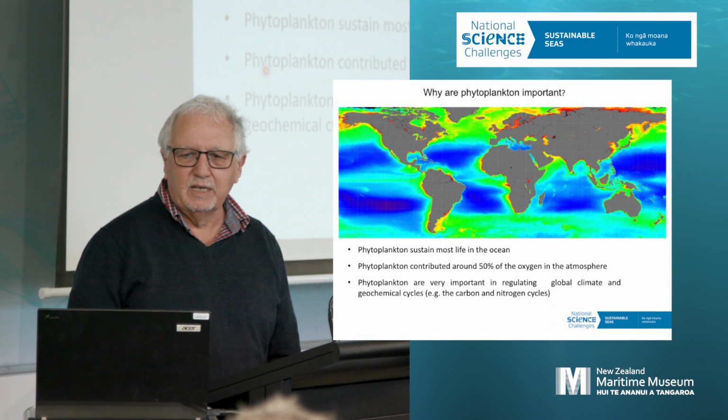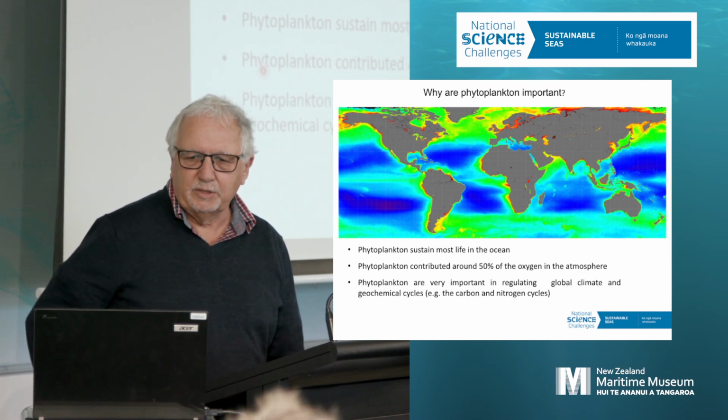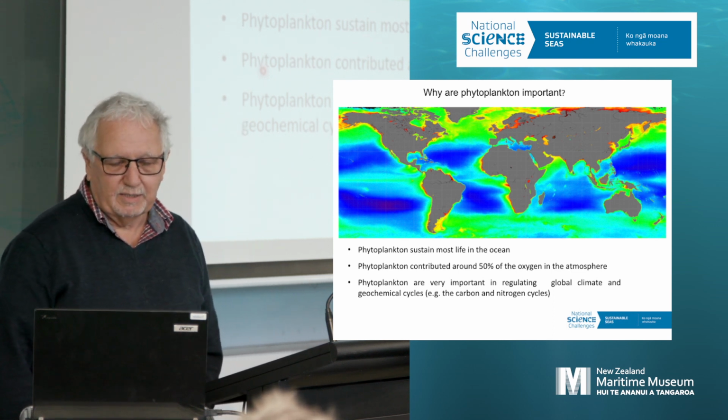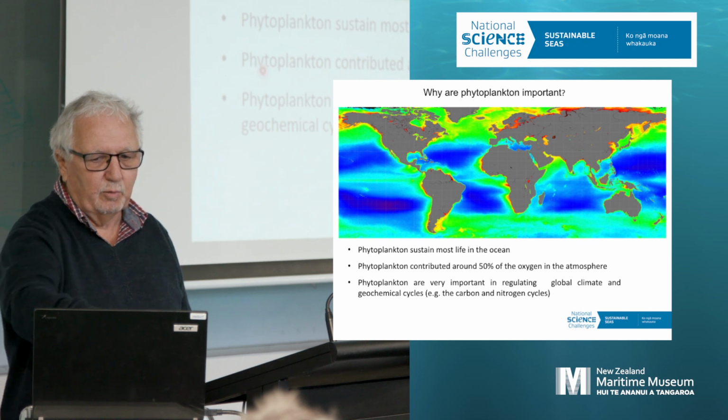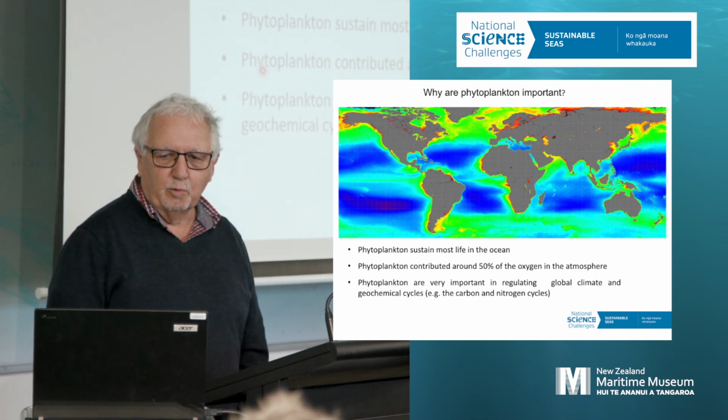This image actually is just a composite image of phytoplankton productivity around the globe, taken obviously through a northern hemisphere summer period, so the colours are more intense in the north.